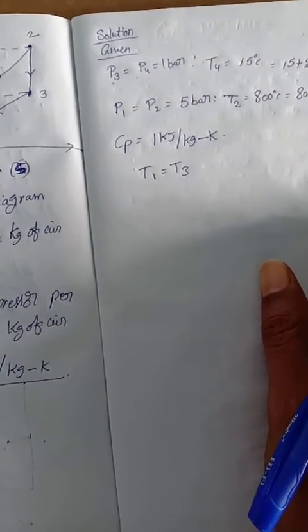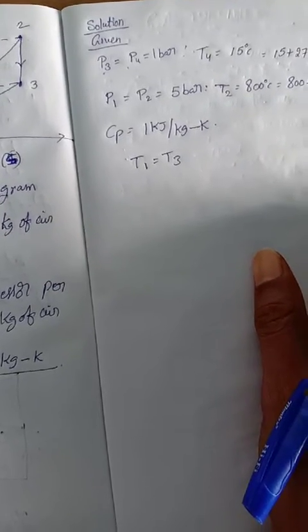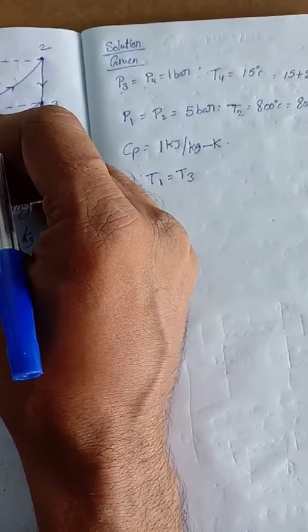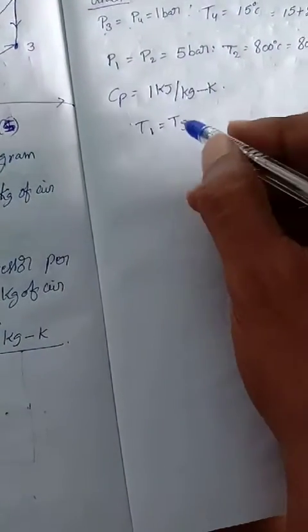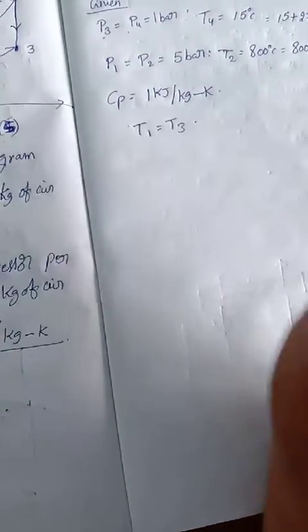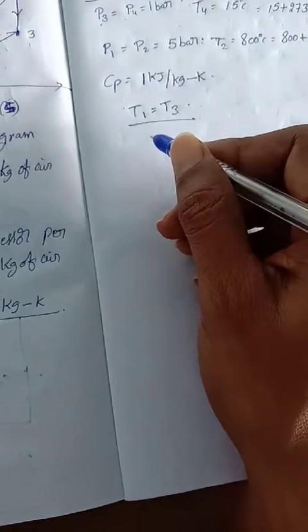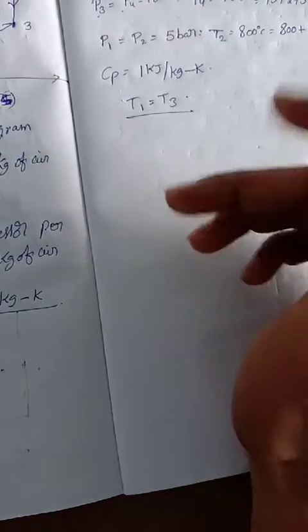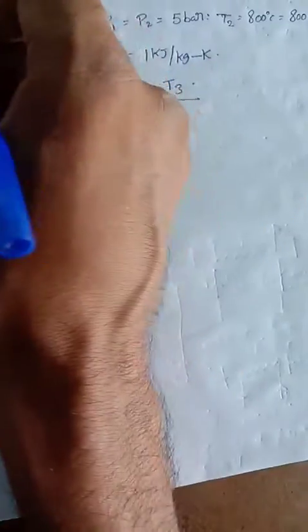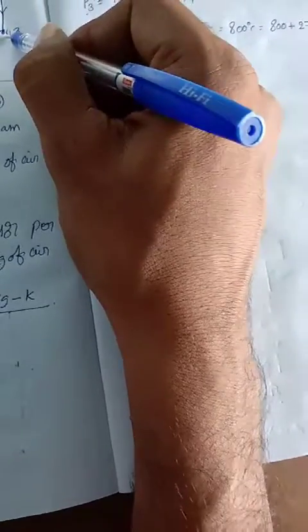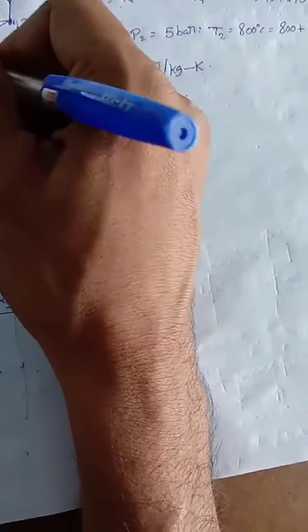Okay, T1 and T3 are the temperatures of air after isentropic compression and expansion, at points 1 and 3 respectively. So we know this is compression and this is expansion. Now here we see isentropic expansion 2 to 3, this is called isentropic expansion, and 1 to 4 is isentropic compression.